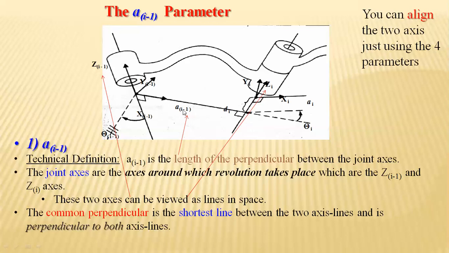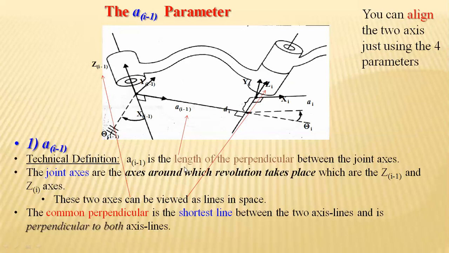And if this a of i minus 1 is the length of the perpendicular between the joint axis Z i and Z i minus 1, this is the length that specifies the area occupied throughout its surroundings based on the fixed axis, and the work taking place throughout its revolution, either in a clockwise or counterclockwise direction.